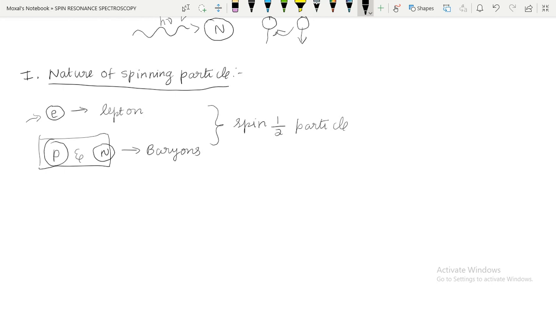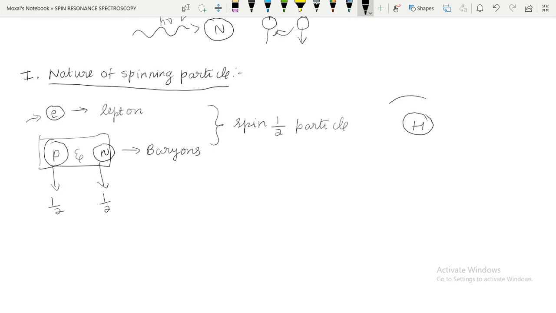If the nucleus is composed of a proton and neutron, then the total spin will be the vector combination of the two. We know this will have spin half, and this will have spin half. Okay, let's take a simple example of the hydrogen atom.